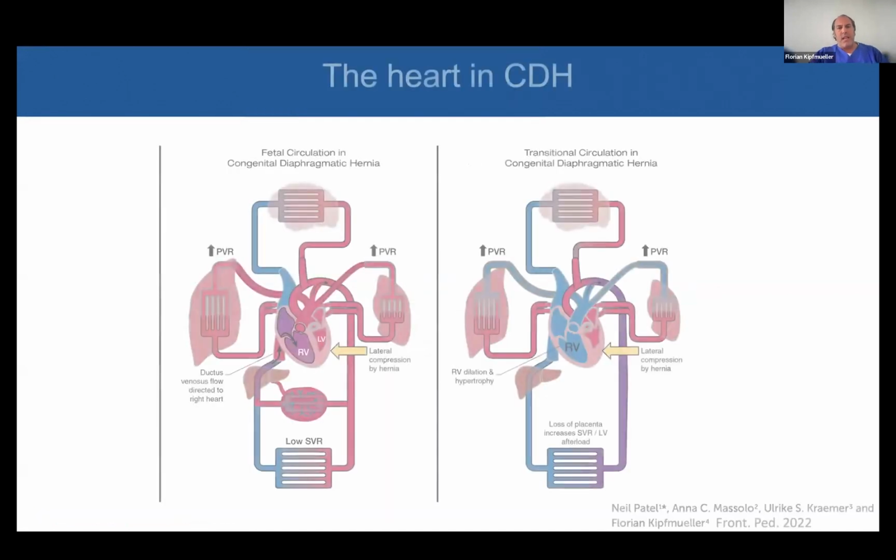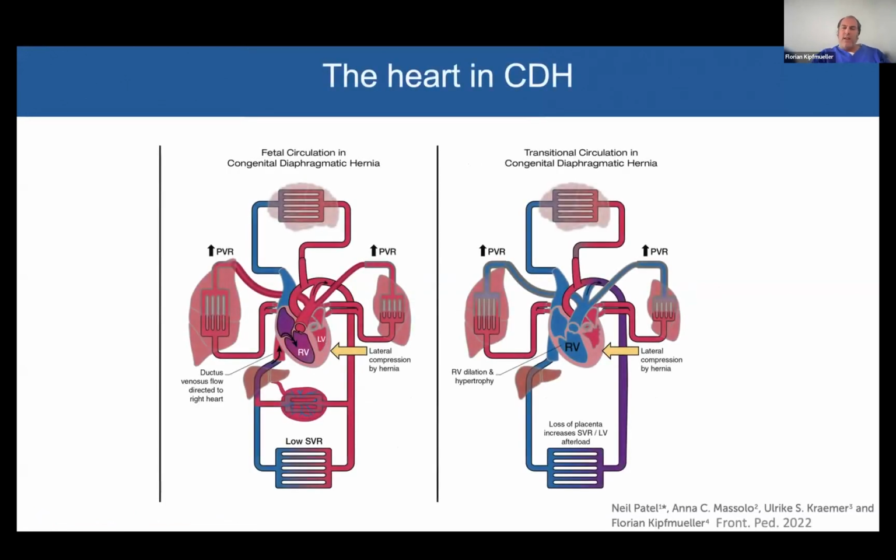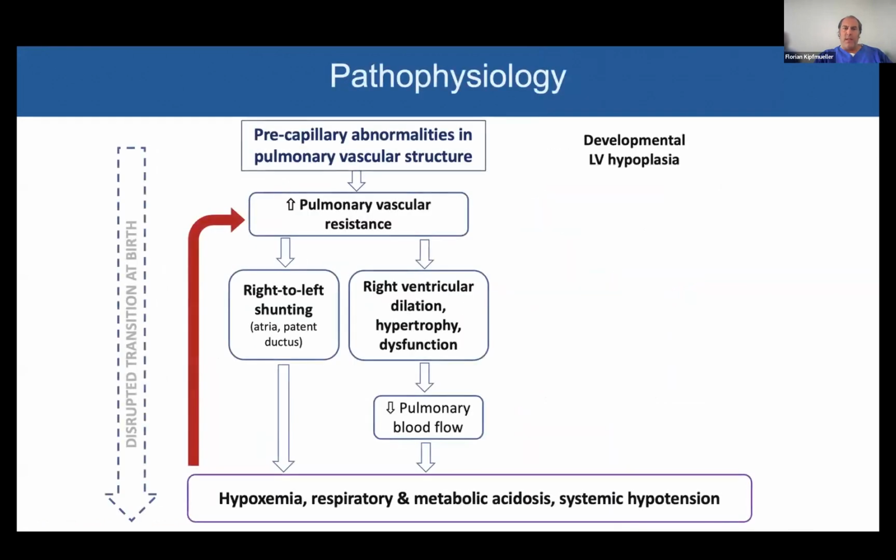But when we consider here the heart and think about what's going on, I want to show you also from the developmental point what the impact is of this LV hypoplasia that we see and how the left ventricle can be impacted in its function.